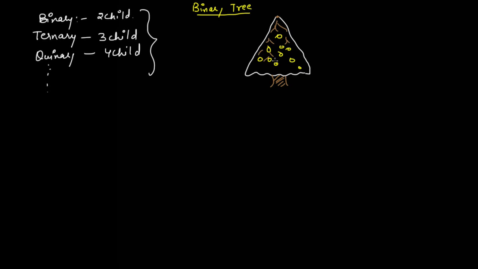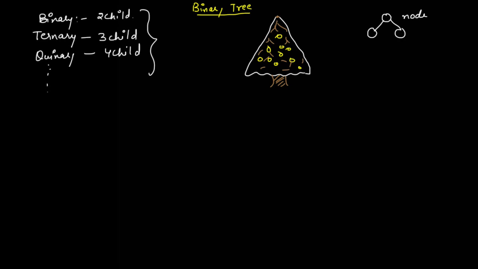In the same way, in computer science we also have trees, but these are logical trees, where we have nodes, which I will represent like this, and these nodes may have children.